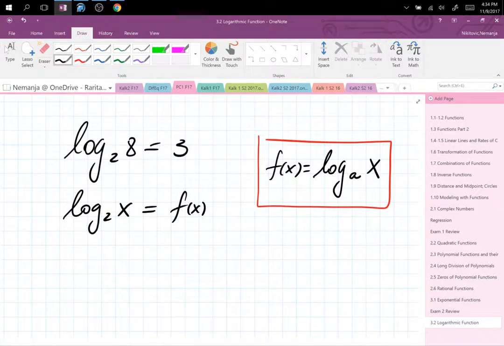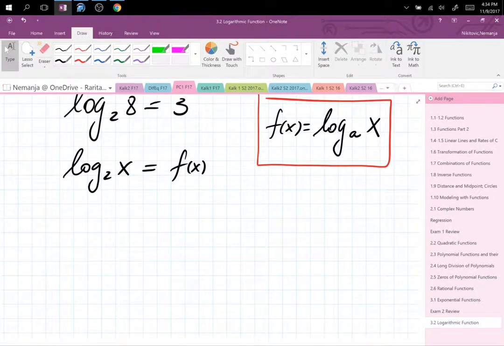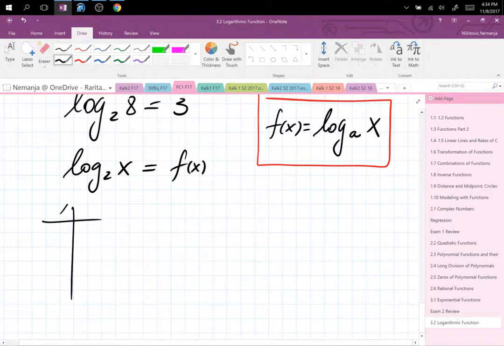So let's take a look now at logarithmic function. We see that logarithmic function is really tough on computing. We have to use a calculator most of the time, right? So it's not as easy to obtain the x, y numbers and so on.